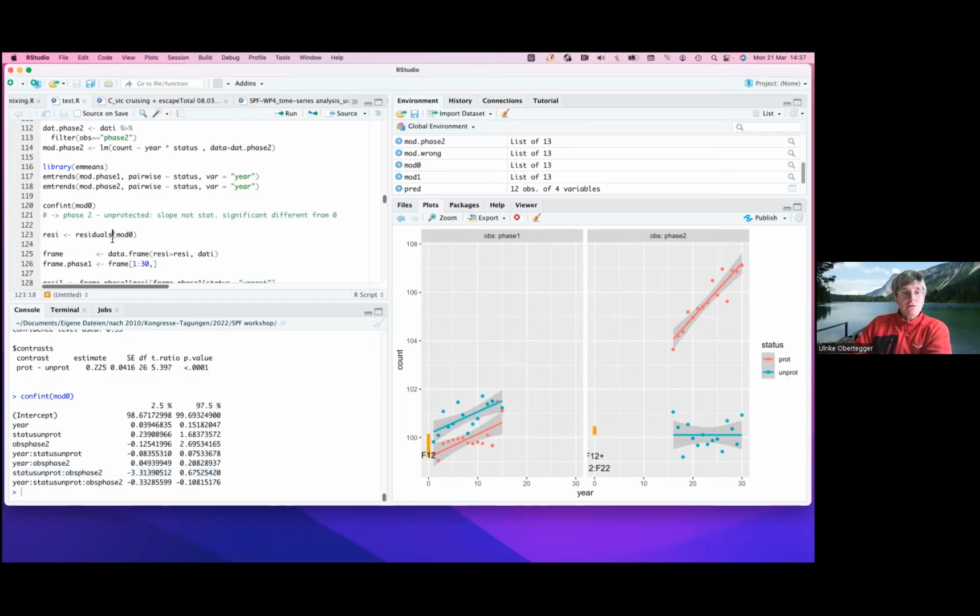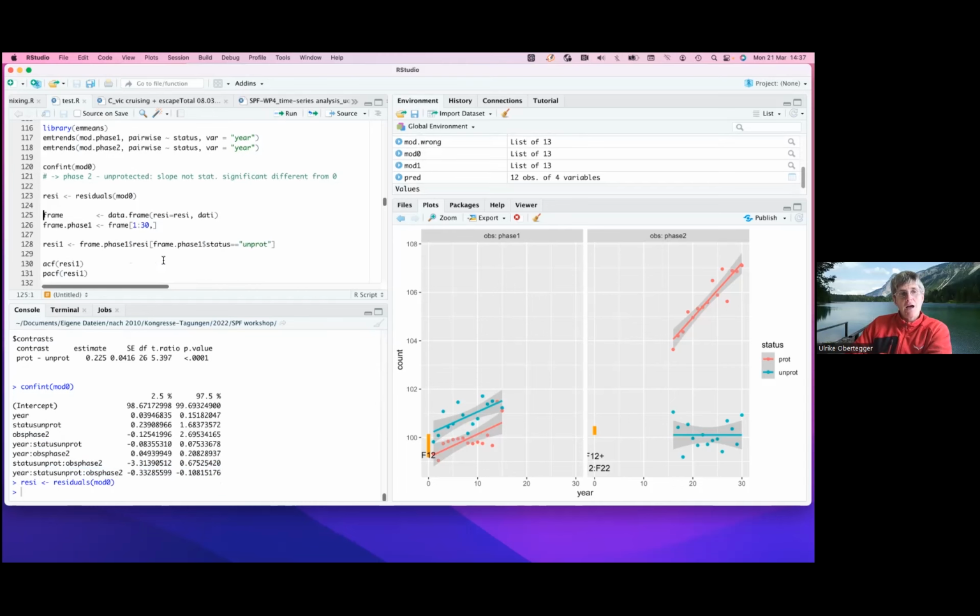How can we do this? We take our residuals from the model. And here's a tricky part: if you downloaded the old R script from the website, then I had to change the script a little bit, because you have to consider here that the residuals are consecutive, and my data are also consecutive, where protected and unprotected are alternating.